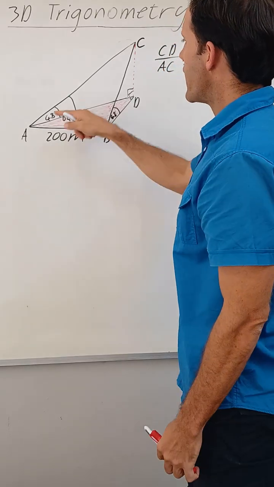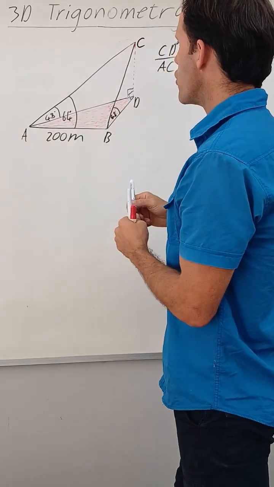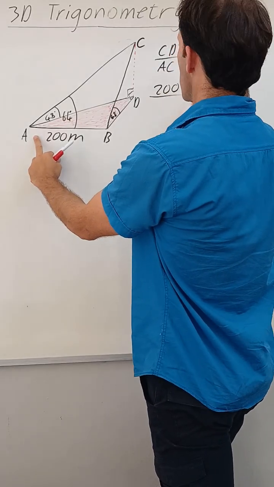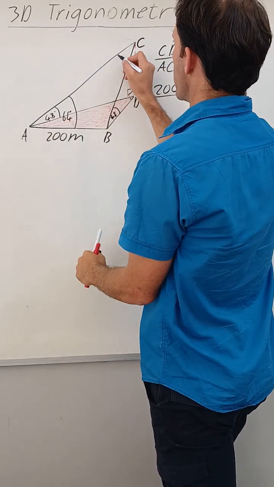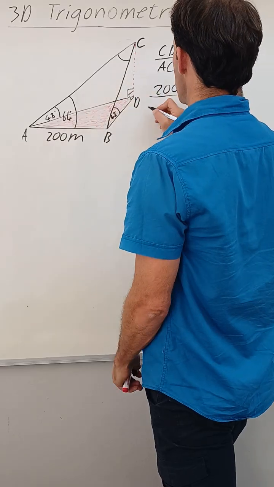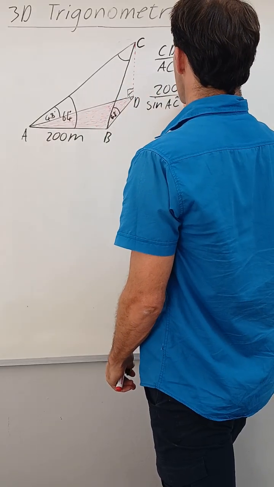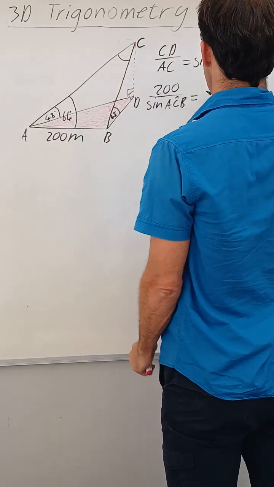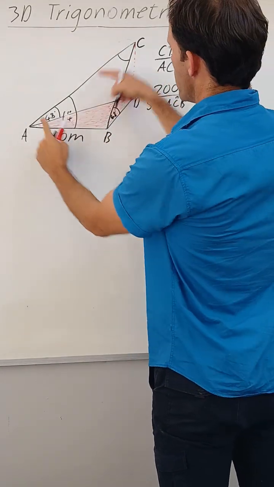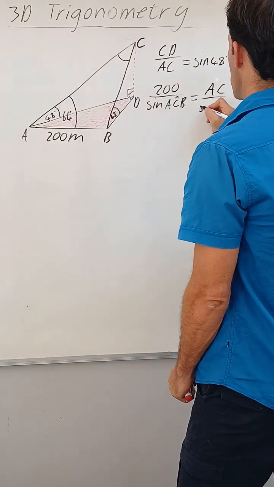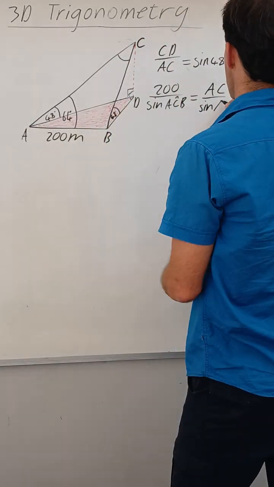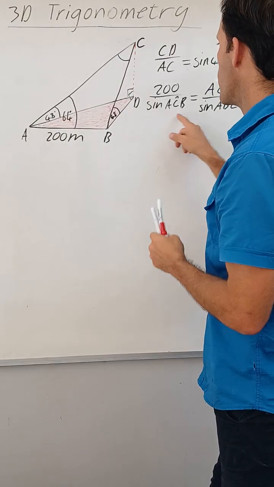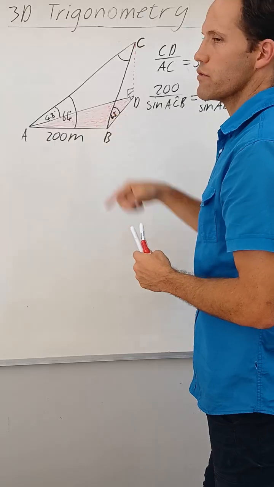If I think of the sine rule, 200 over sine of this angle, which is ACB, is equal to AC over sine of this angle, sine ABC. So there's a lot missing. I need to find ACB and this other angle.